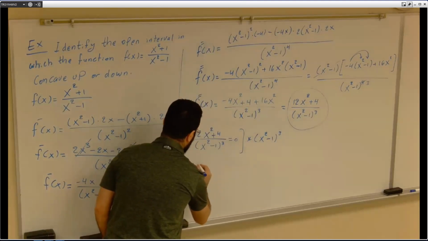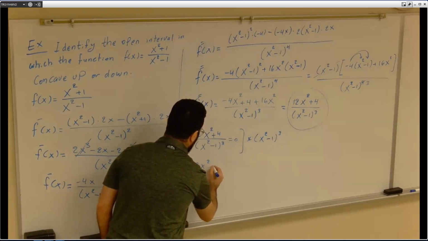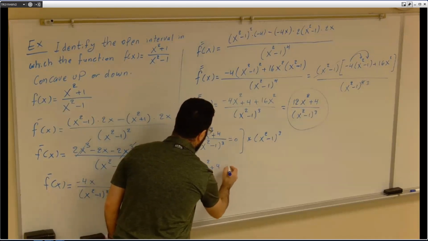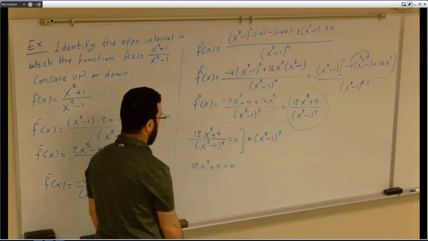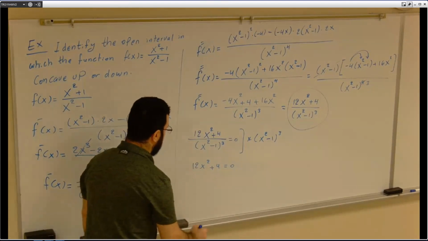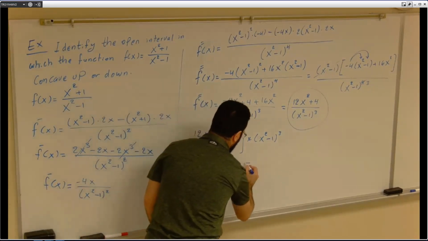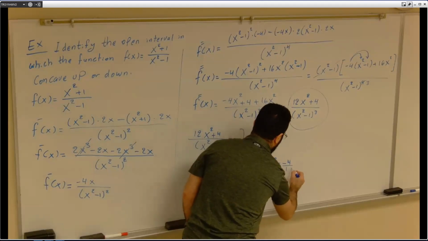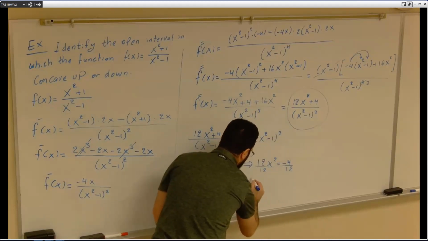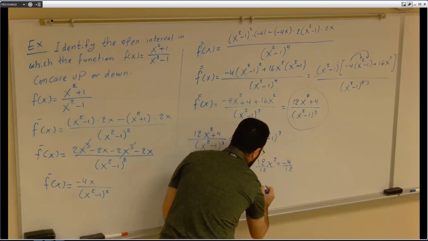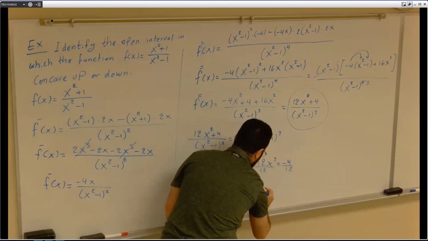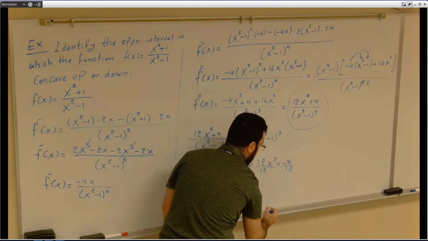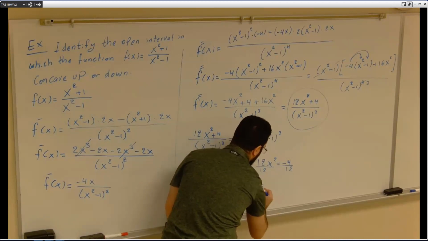So the left is 12x squared plus 4 equal to 0. Move the 4 to the other side, so 12x squared equals negative 4. Divide by 12. So x squared is going to be negative 4 divided by 12, which is negative 1/3.